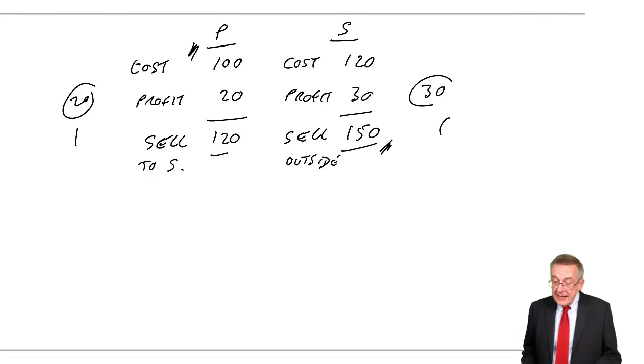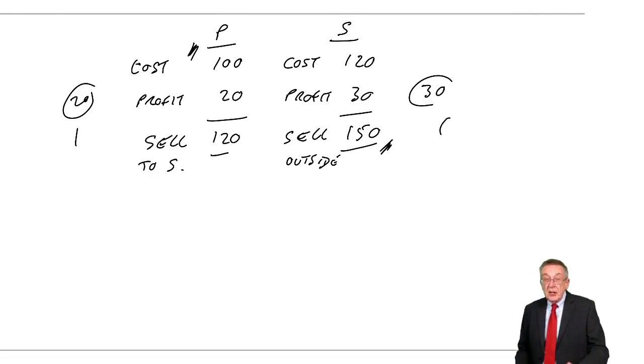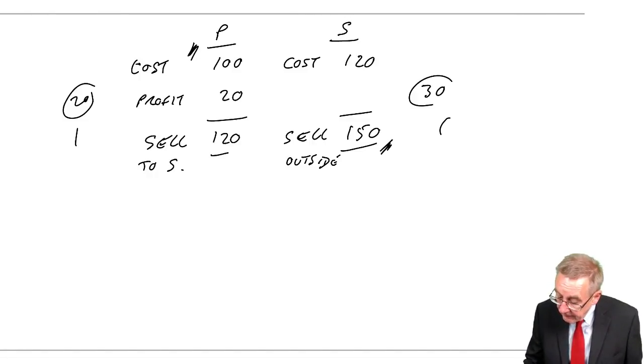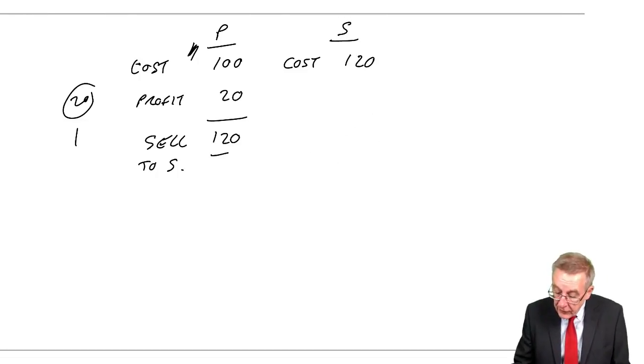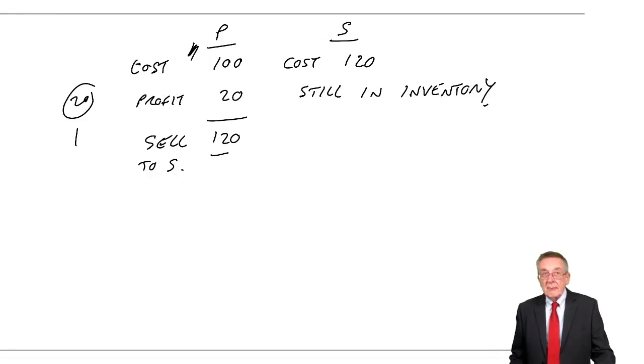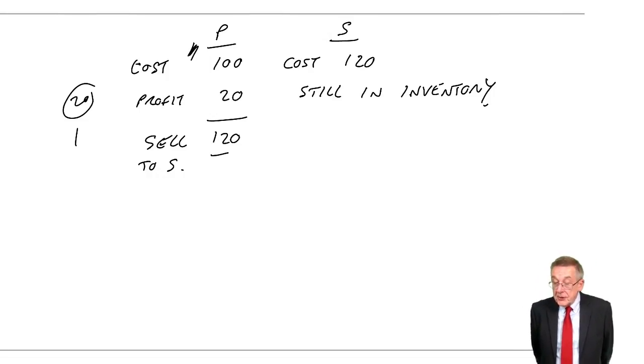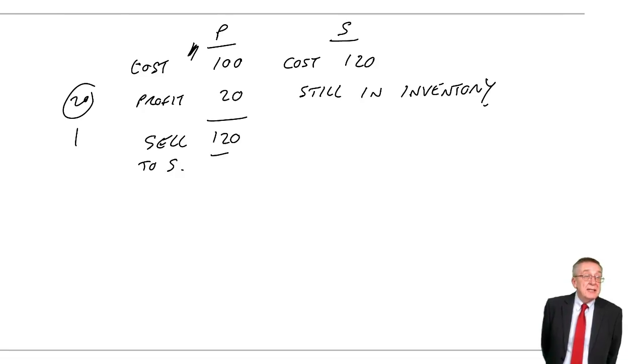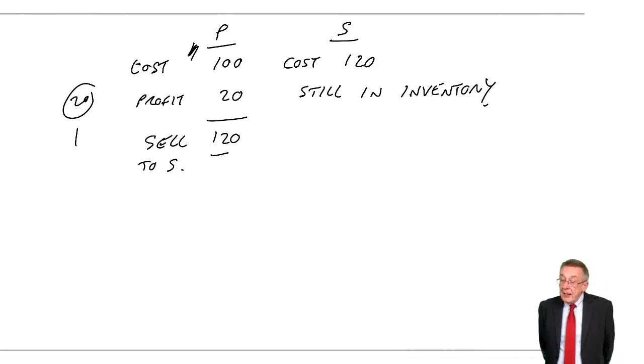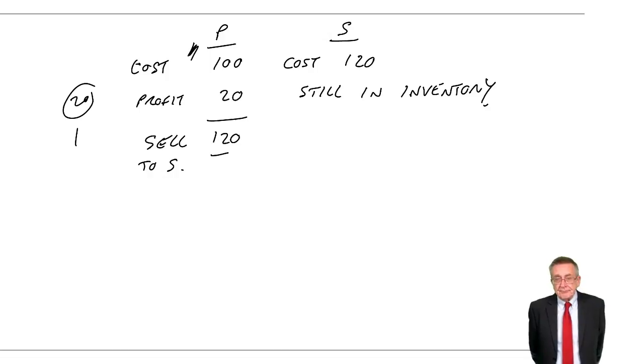But where we get a problem is this. Suppose P sold to S for 120, S pays 120, but at the end of the year, those goods are still in inventory. And so in S's own statement of financial position, they'll value those goods at cost, and they cost them 120. However, when we come to consolidate, there's a problem.